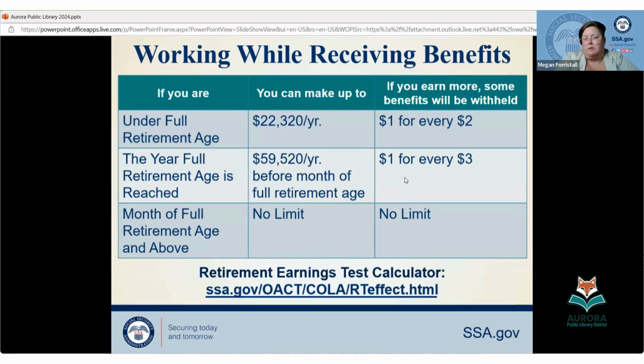So you're like, uh-oh, Megan told me I can only make 22,320, so there's no way I can start my Social Security. Well, because you are retiring, because you're stopping work, you can use that other type of test, the monthly test. So as long as you're going to be under the $1,860 a month, if you're not working at all, that'll be easy to do.